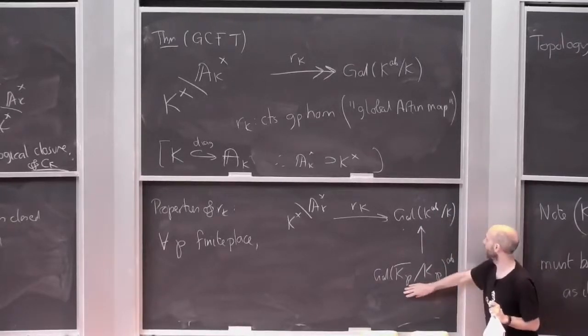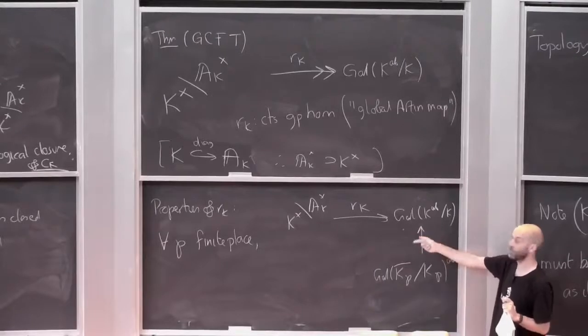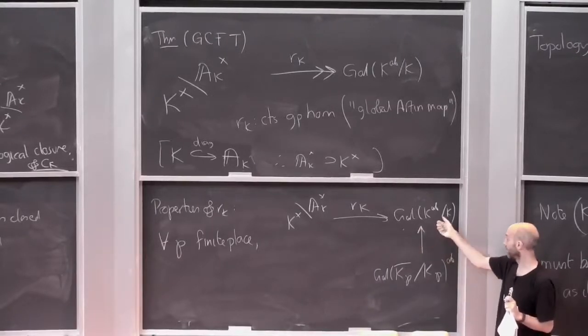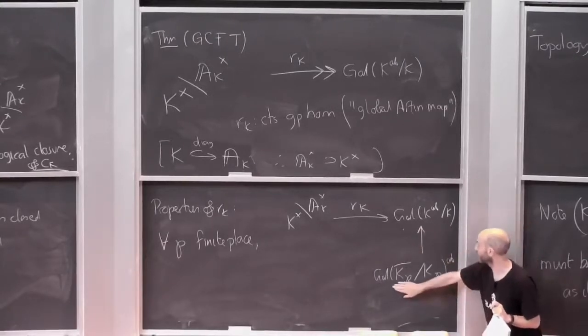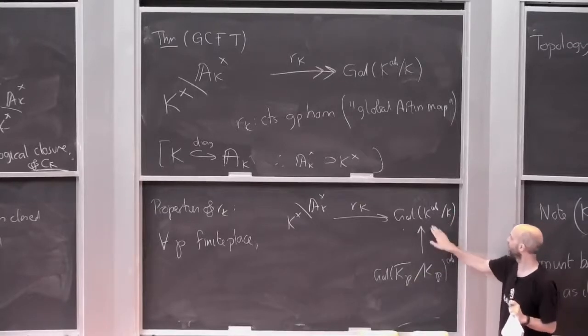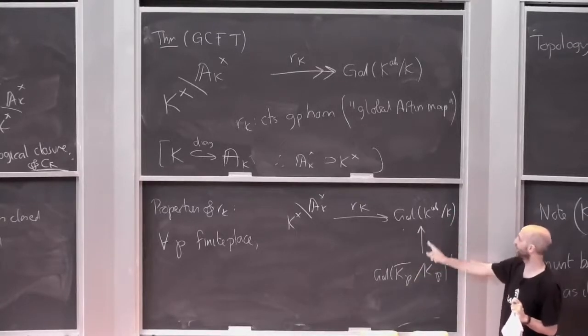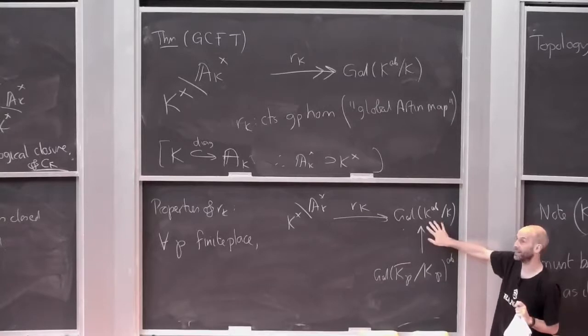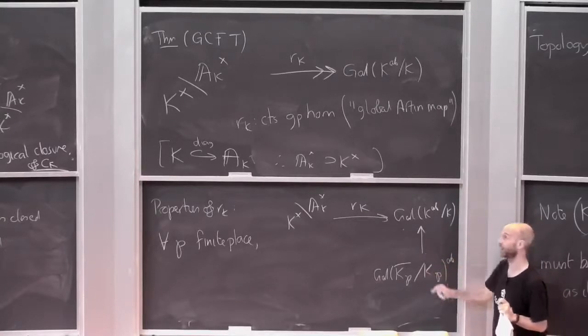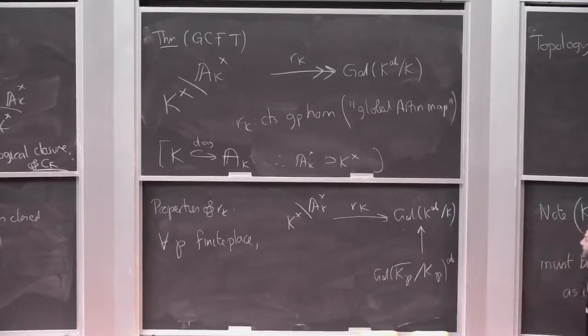So this local Galois group was a subgroup of the global Galois group, but only up to conjugation. And I'd have to choose a prime of K ab above p to get this nailed down. But this is abelian. And so this subgroup is defined up to conjugation, so it's defined. So that really is a well-defined map, right?